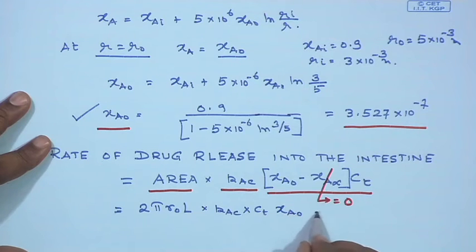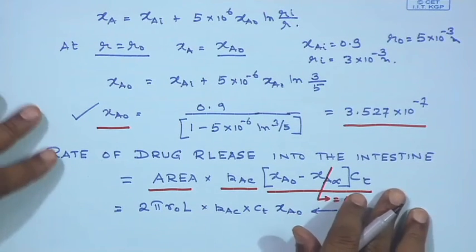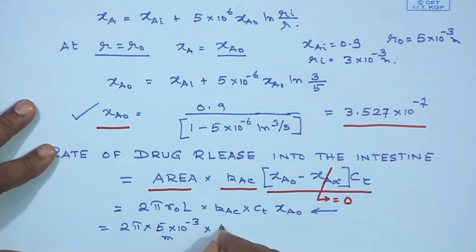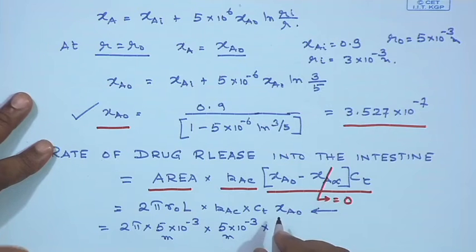So, this is the total amount of drug which gets dissolved in the intestine, and when you put the values in here, 2 pi times R_0 is 5 into 10 to the power minus 3 in meters, L is again 5 into 10 to the power minus 3 in meters. The value of K_AC is provided as 0.1, in meter per second.